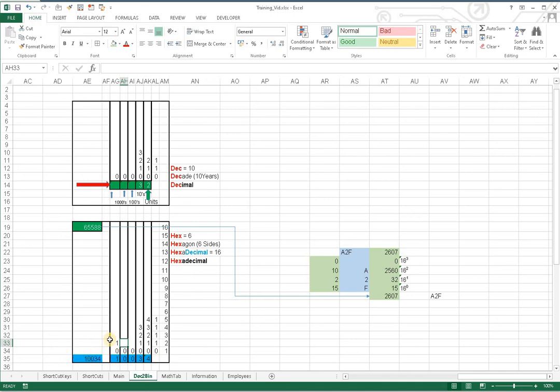We could build much more, but I could go to F on this. Oops, sorry, I can't. I'll have to build that up. But over here I can build that number, and I can see that FA2F relates to 64,047 in decimal.